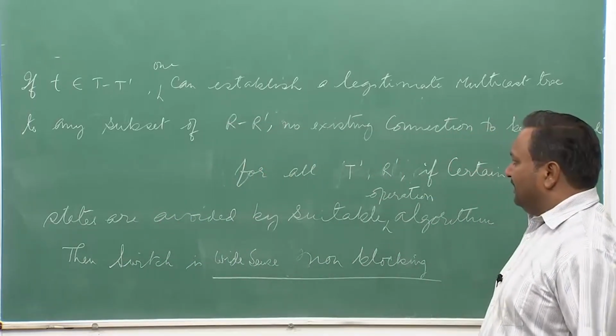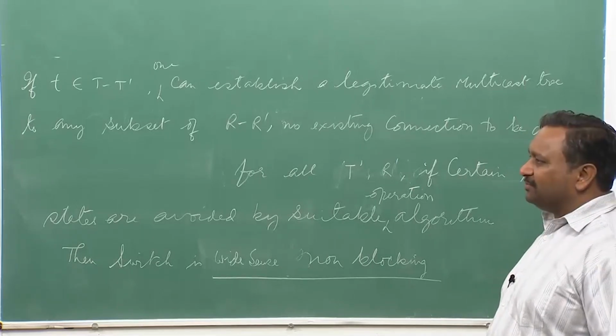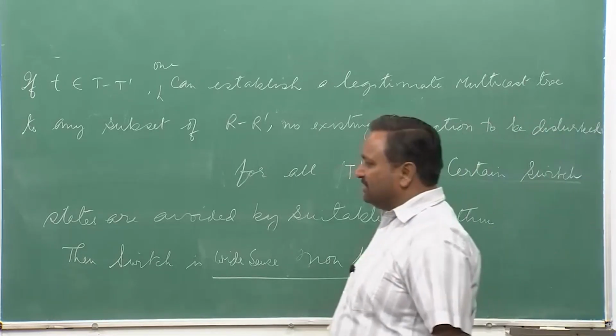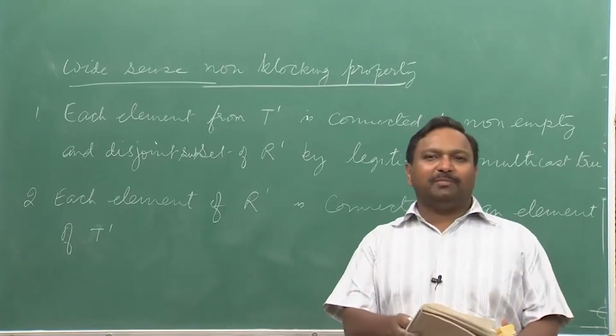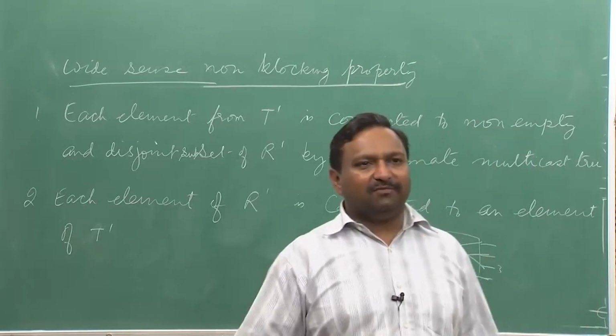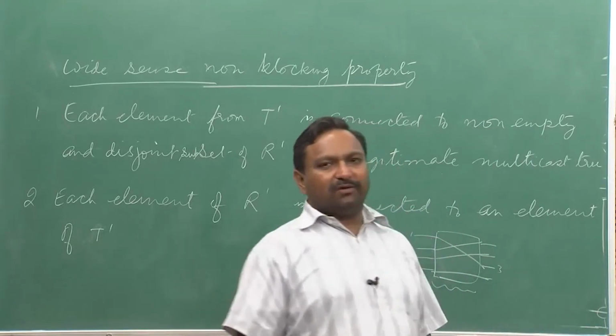And of course, the fourth category is the blocking switch, when there will be situations when input and output are free, whatever you do you will not be able to set up the connection, this will be happening once in a while, then it is a blocking configuration.